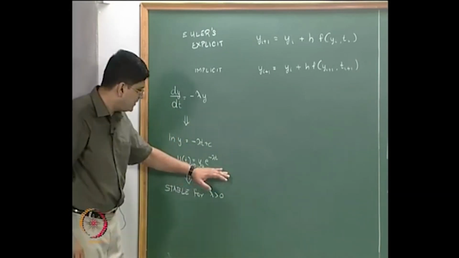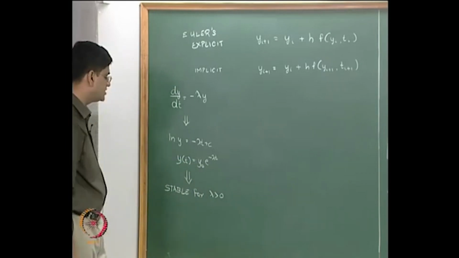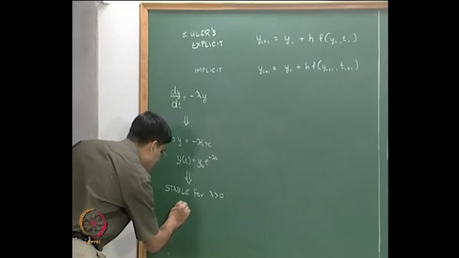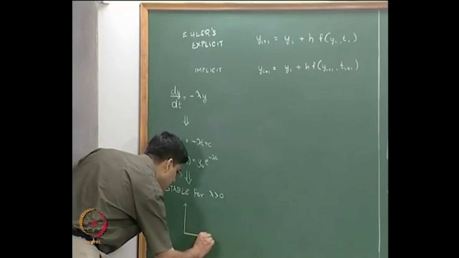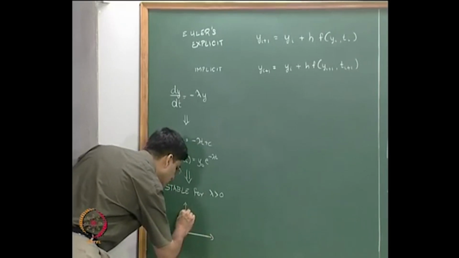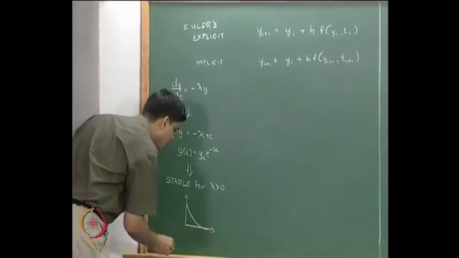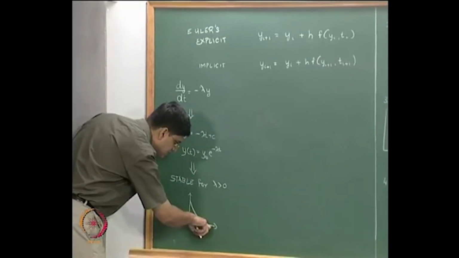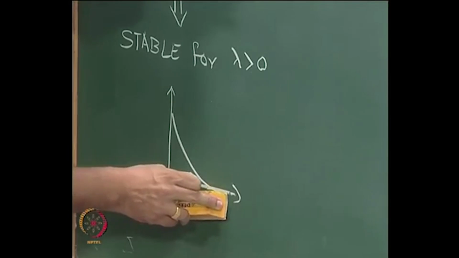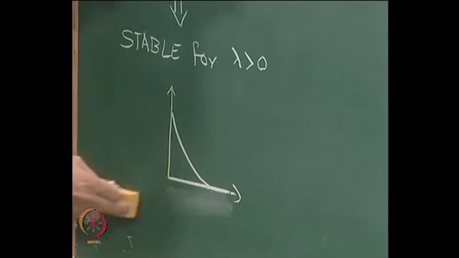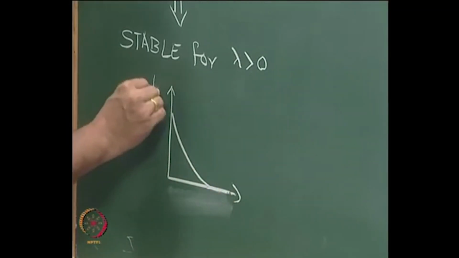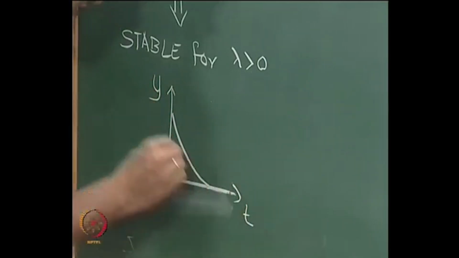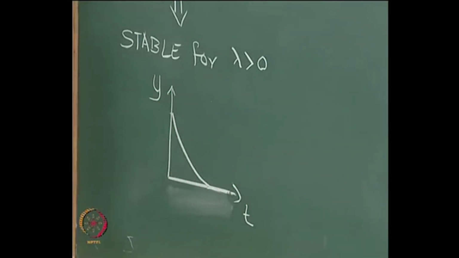The behavior of the exponential function e to the power minus lambda t with t is going to look somewhat like this. Finally it should settle down at 0, it will not go below 0. This is the function y against t starting at value y0.